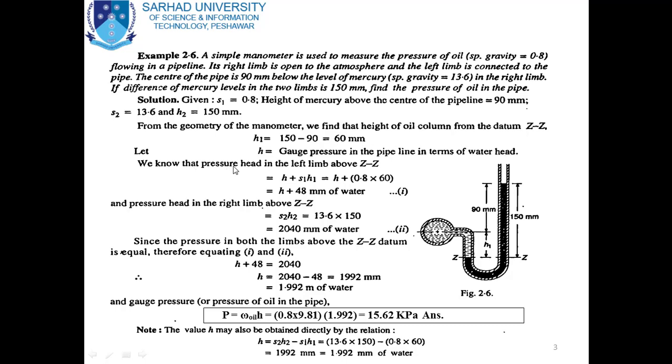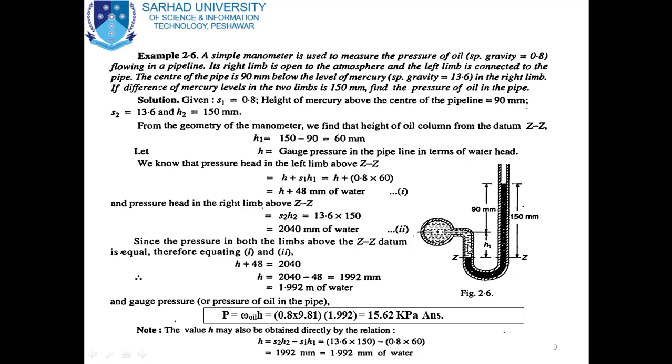We know that the pressure head in the left limb above ZZ is equal to H plus S1 H1. If we cut this in the center, this is the left limb and this is the right limb. So the pressure in the left limb above the datum is the pressure in the pipe, which is H, the pressure in the pipe in terms of head of water, plus the specific gravity times the height H1.